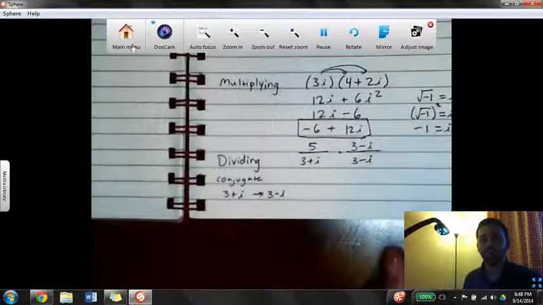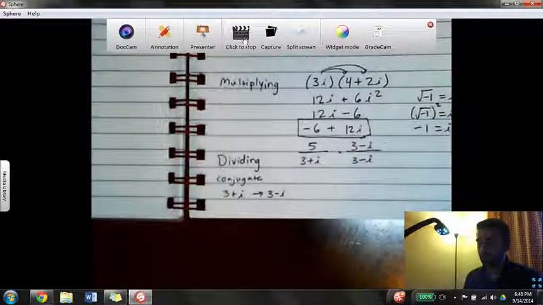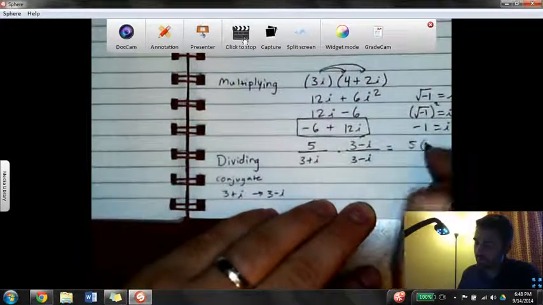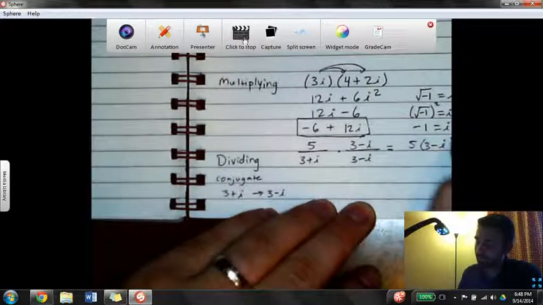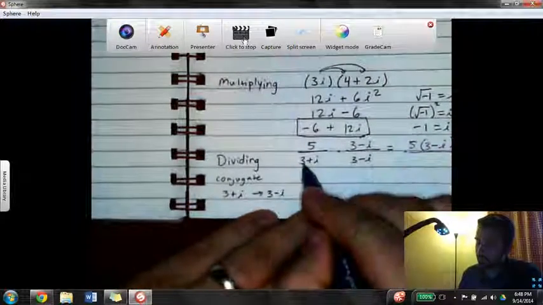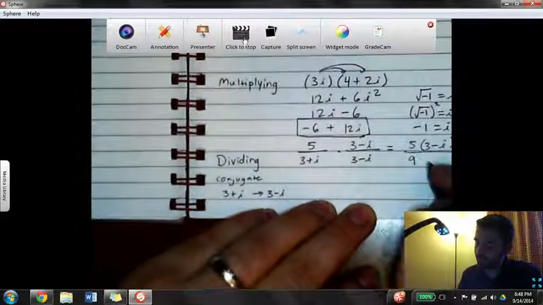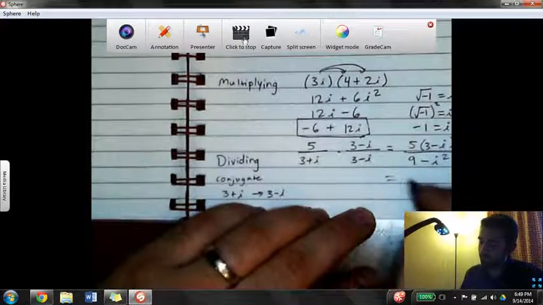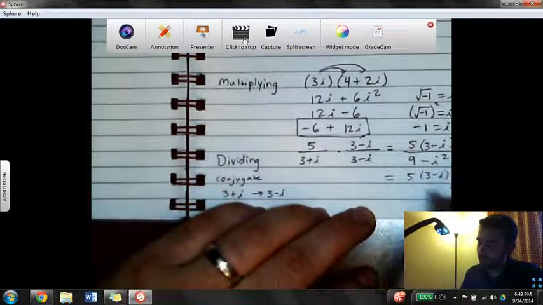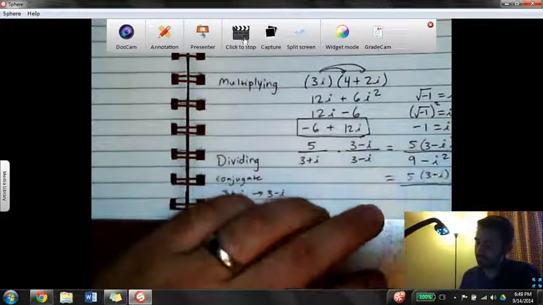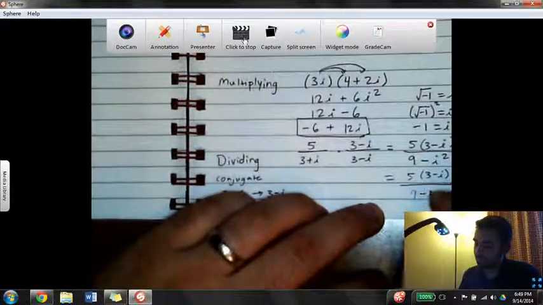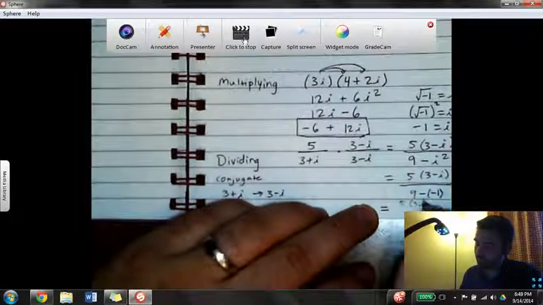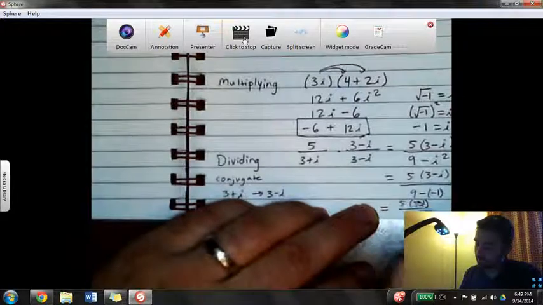by the conjugate, and I would get 5 times 3 minus i over 9 minus i squared, which from before we know that we can simplify to a negative 1, making this 10.